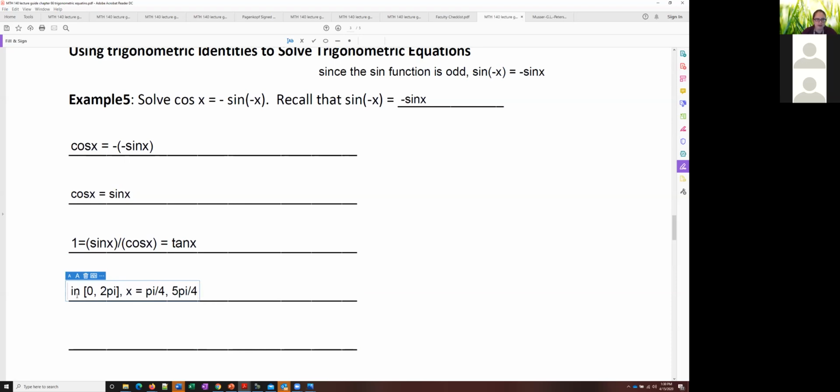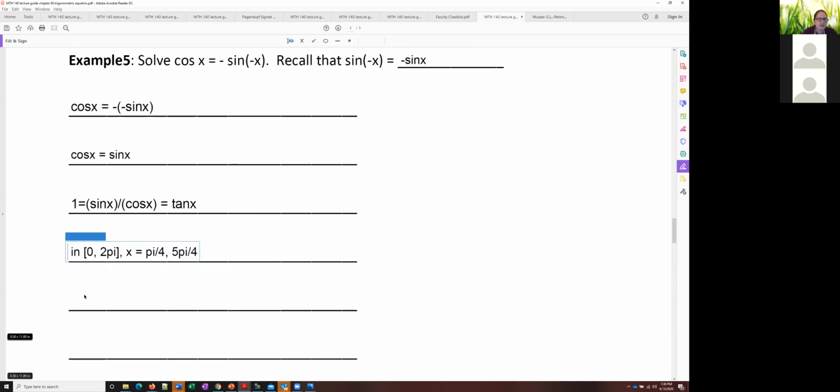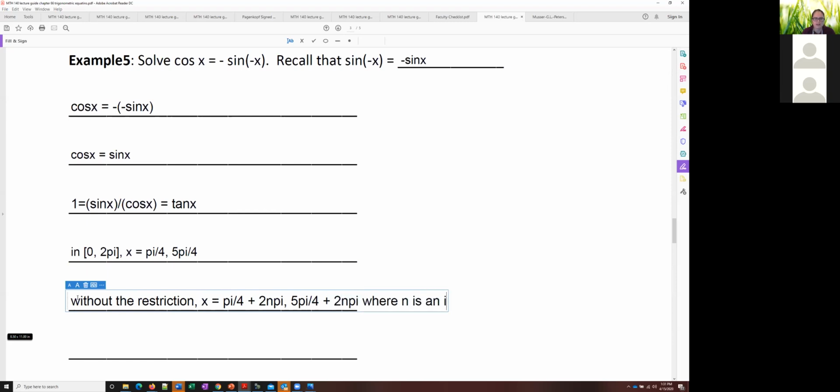So we've got our two answers. And then without the restriction, x is going to be pi over 4 plus 2n pi and 5 pi over 4 plus 2n pi, where n is an integer.